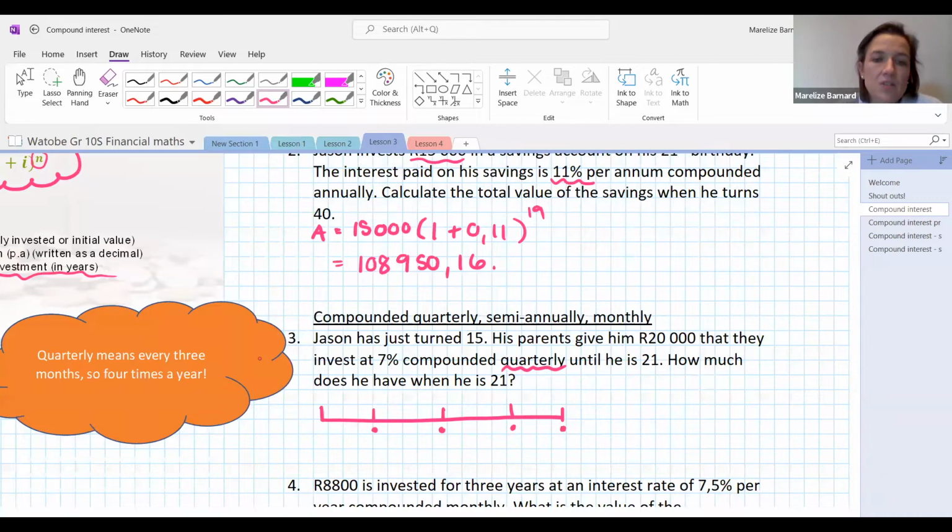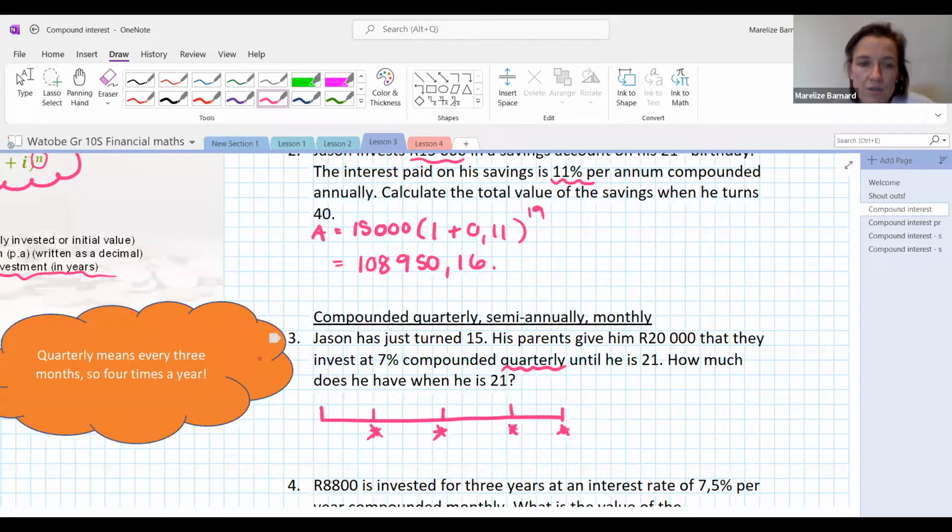So that's why we end up with interest being compounded 4 times a year. I'm just going to change that to a little star. So that's what the compounding means.